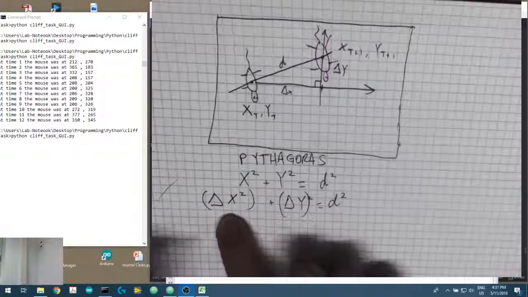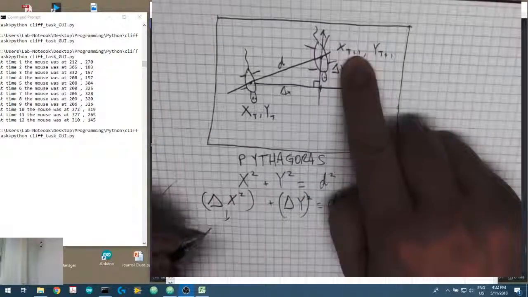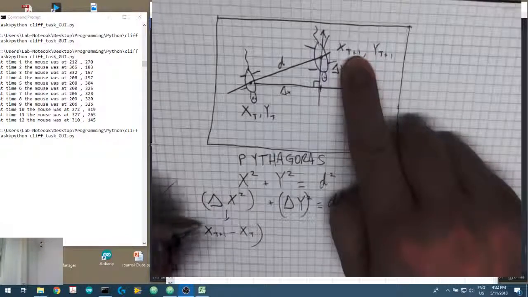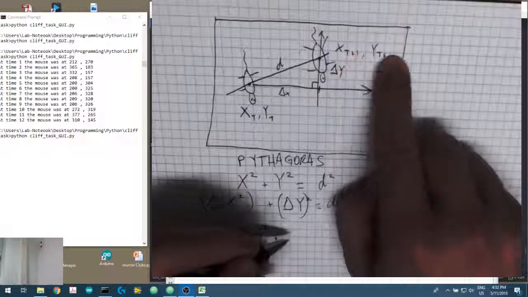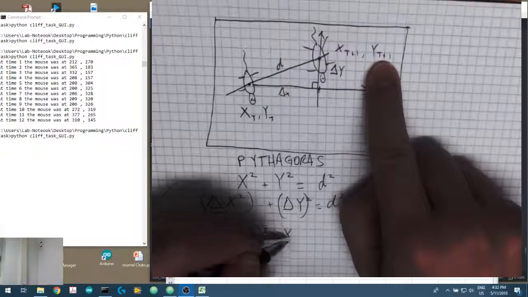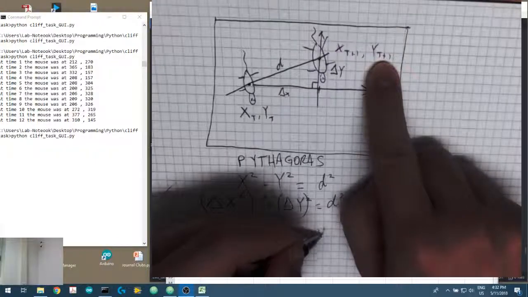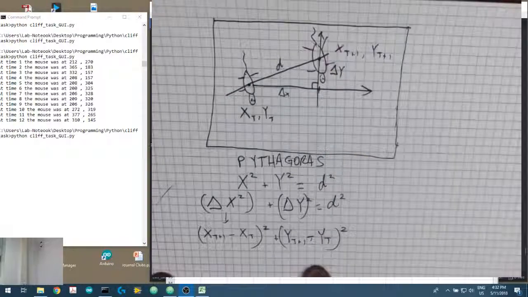And what we know is that this is actually t plus 1, so that'll be x at t plus 1 minus x at time t, all squared, plus, we'll do the same thing for the y's, y at t plus 1 minus y at time t, all squared.